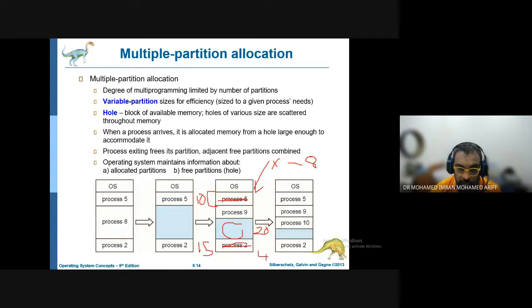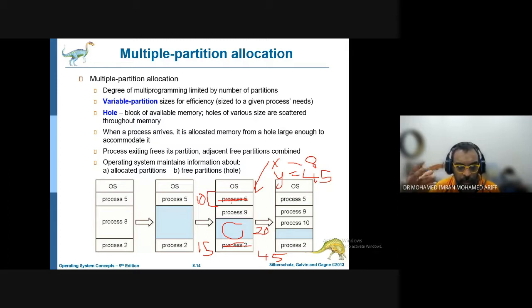Let's say a new process Y comes in and needs 45 space. This process cannot go in here because it's only 10. Y cannot go into this section because it's 20, still less than 45. And it cannot go in the last one because it's 15, which is less than 45 as well. So these empty spots are known as external fragmentation, empty space which is outside the partitions.